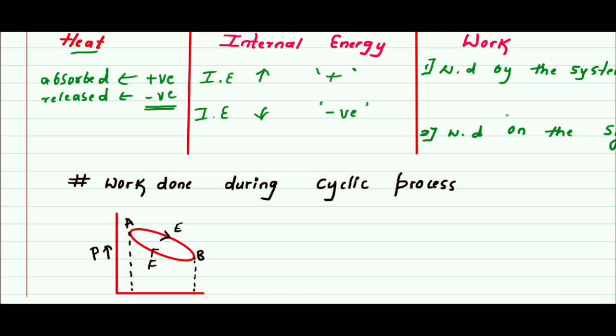If we consider the work done by the system, we are considering a container and there will be some molecules present in this container. Here the piston is present. If these molecules expand, this can be shown like this.